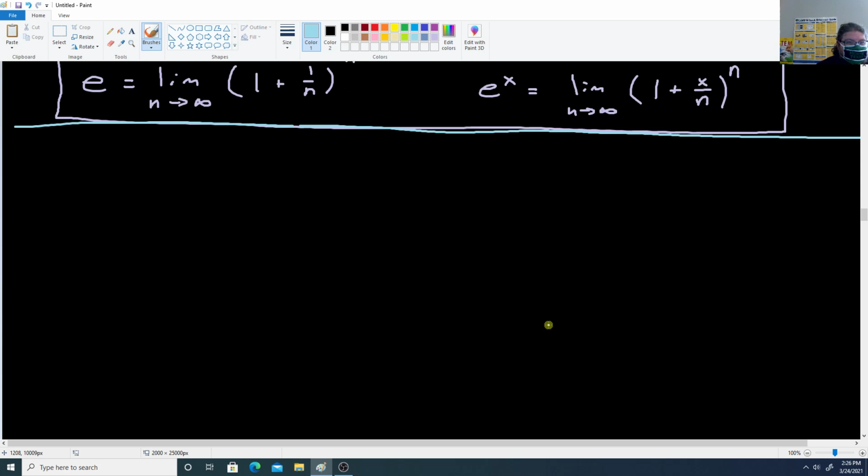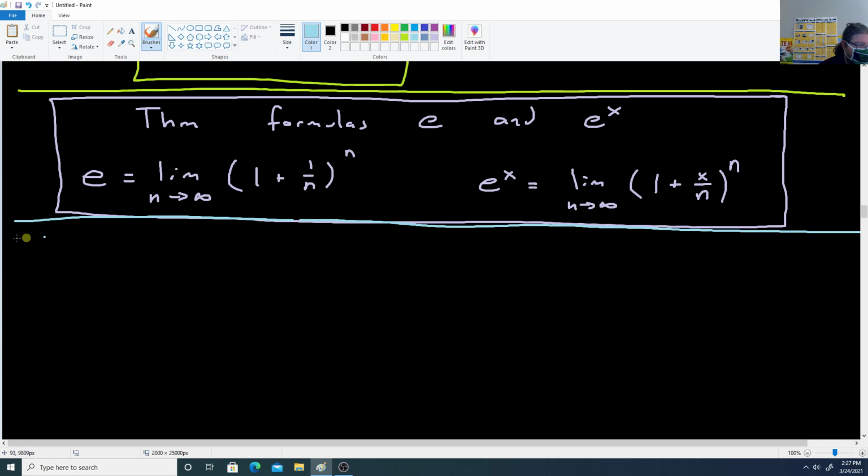Okay, so we have two different ways interest can be compounded. You can compound it n times per year, or you can compound it continuously. So over here we have n times per year. And over here we have continuously.